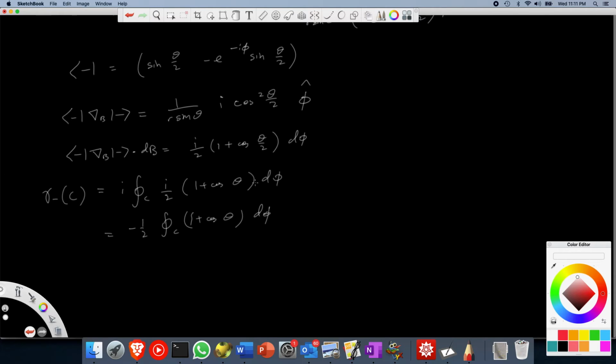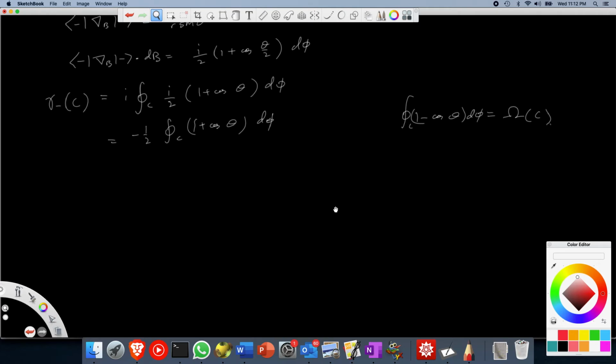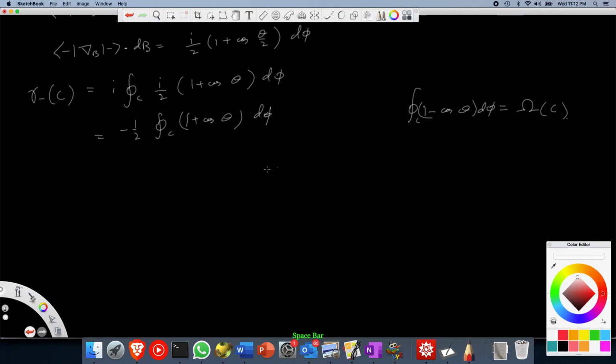Previously we had an expression that looks like 1 minus cosine theta d phi, and we said that this was equal to the solid angle of C. But now we have a 1 plus cosine theta instead. So what is going on here?